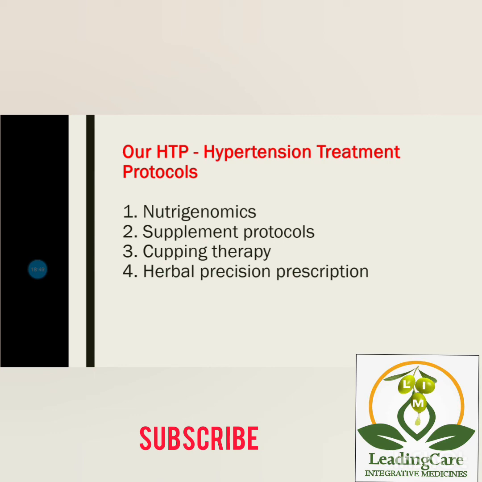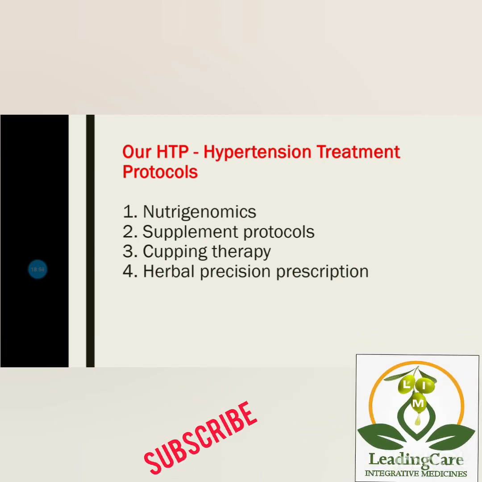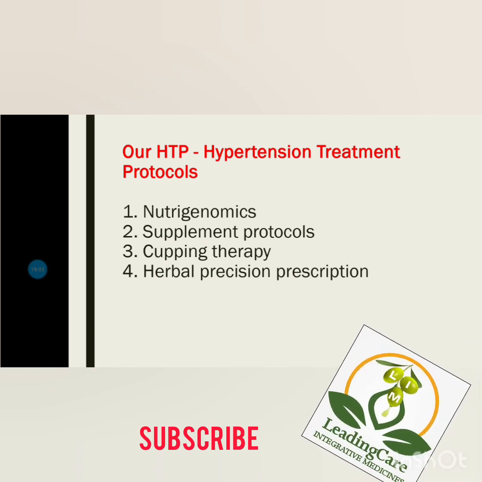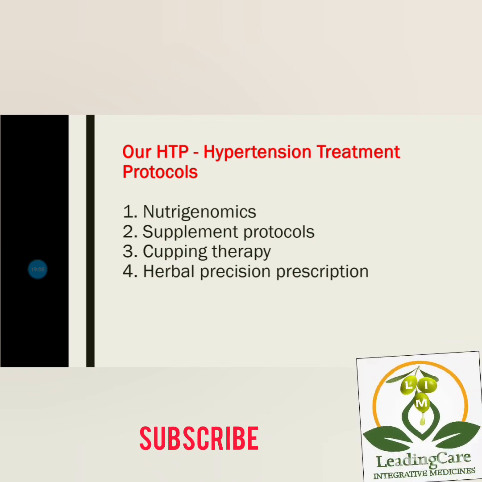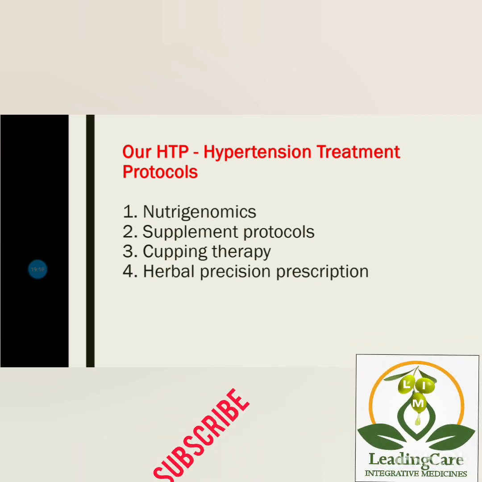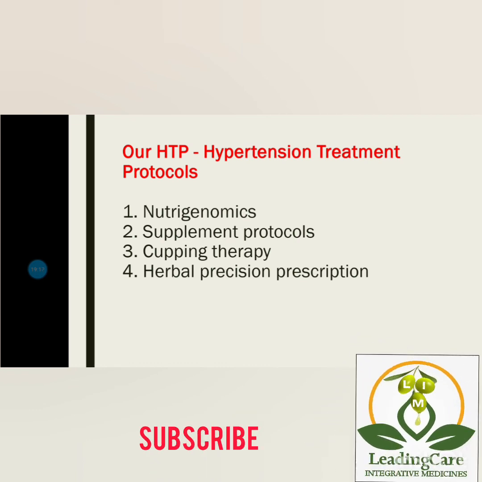We use cupping therapy, and we use herbal precision prescription, because each blood group has some herbs that are good for them precisely. In fact, including condiments, spices. We prescribe herbs precisely according to your condition and your blood group.